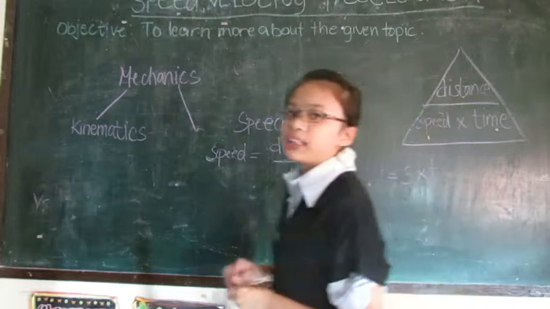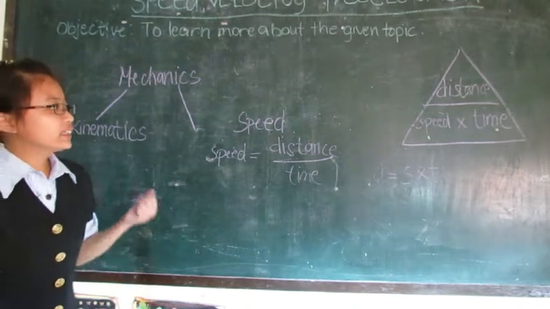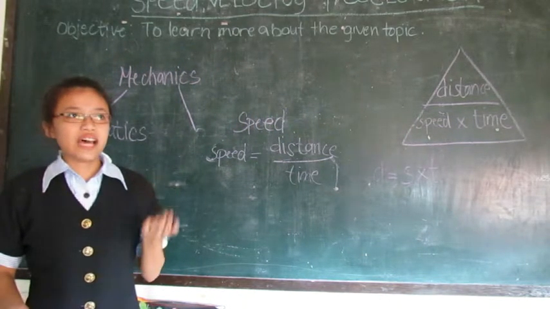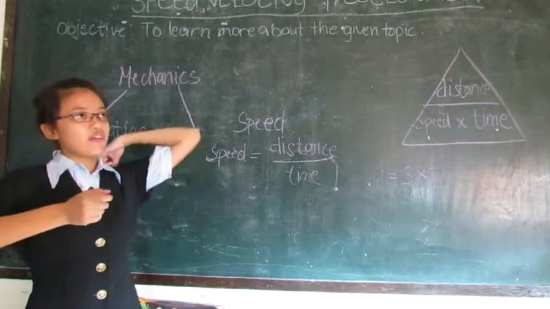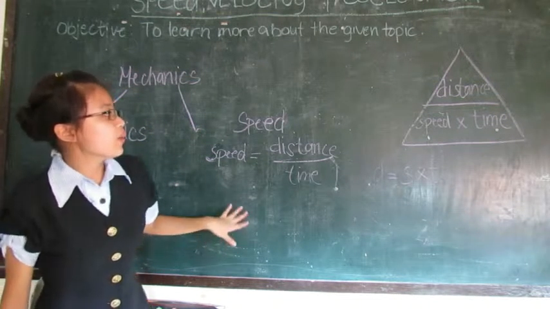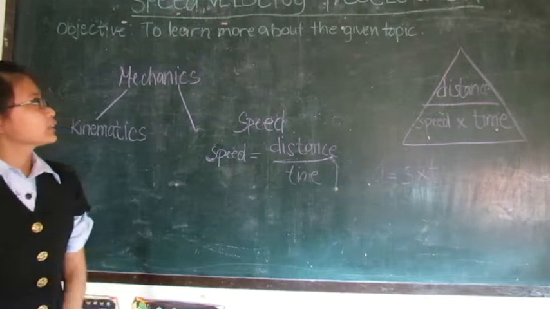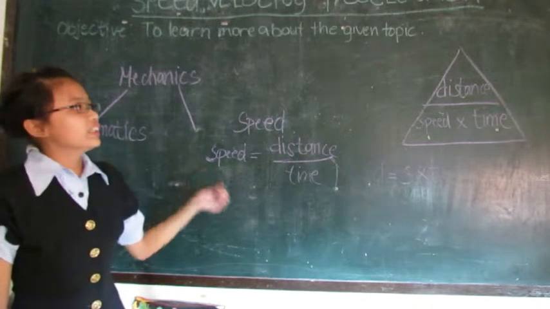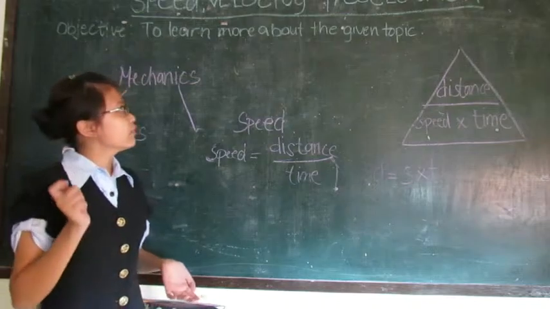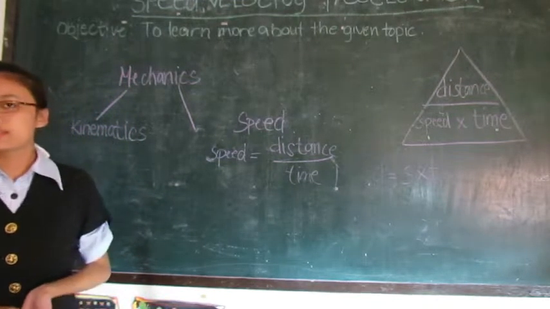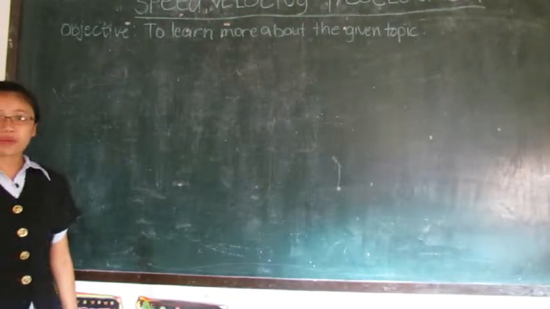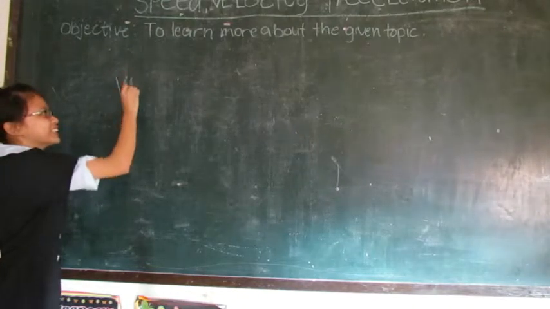So speed talks about the movement of an object, while velocity talks about the direction and the magnitude of how the object moves. Our next topic will be about velocity.